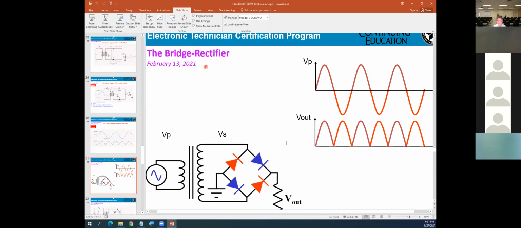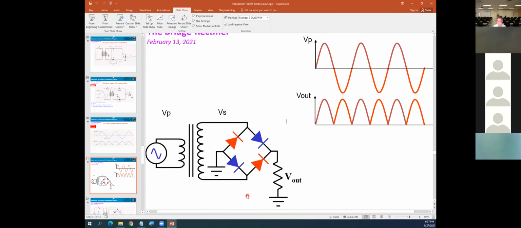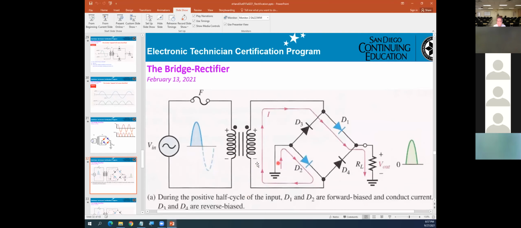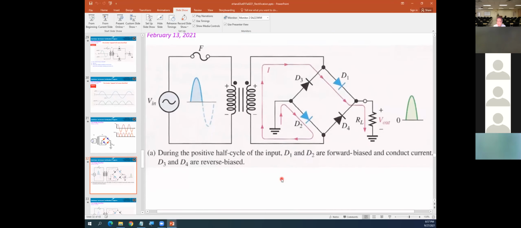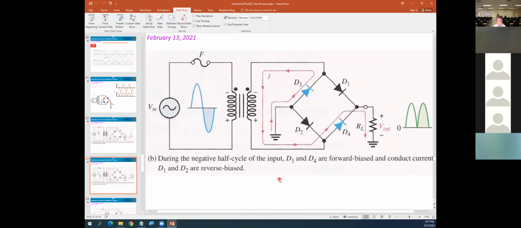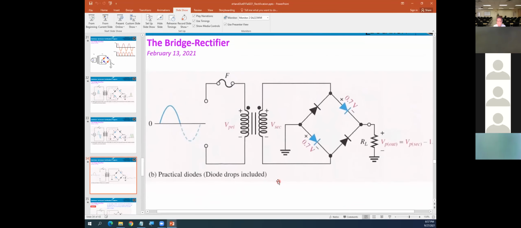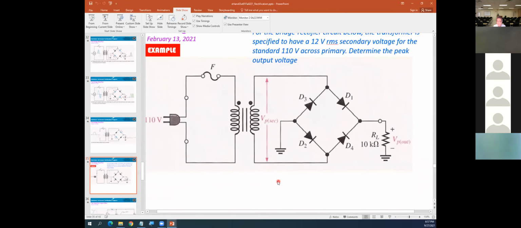It's the bridge rectifier, but they work the same thing. That's just more detail. I'll go through it and explain to you next meeting.